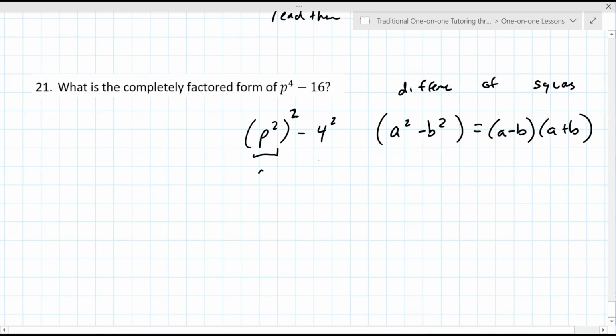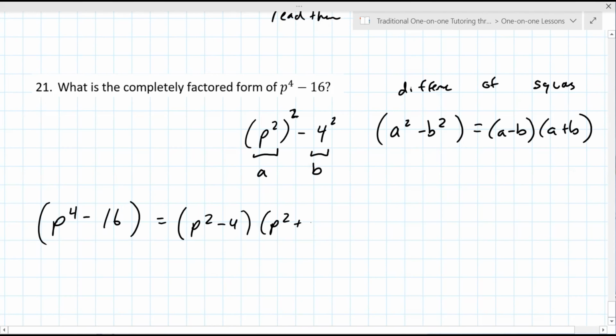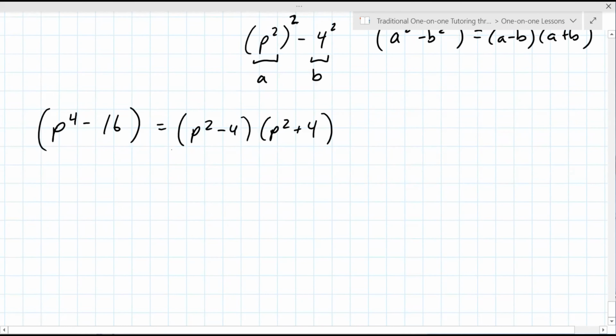So this right here is your A, and this right here is your B. So p to the fourth minus 16 becomes A minus B, p squared minus 4, A plus B, p squared plus 4. But we're not done. This right here is also a difference of squares.